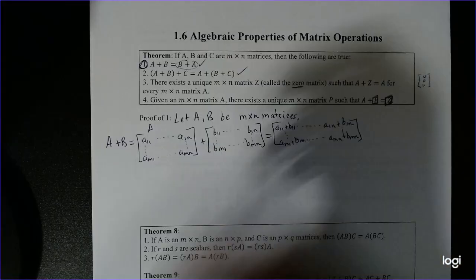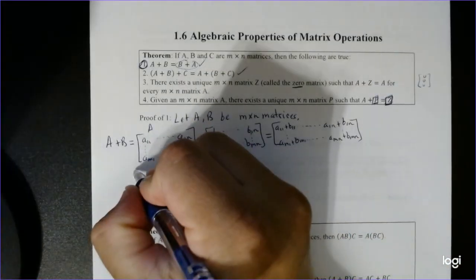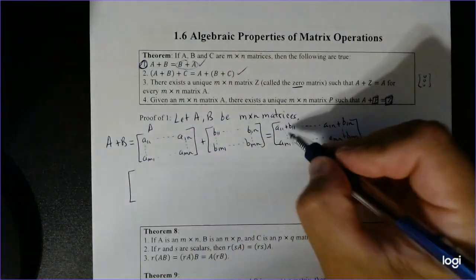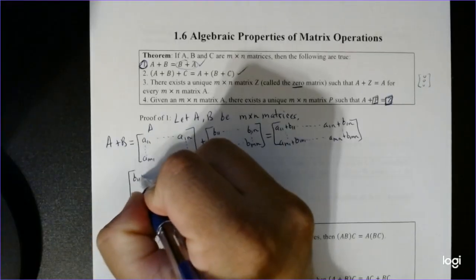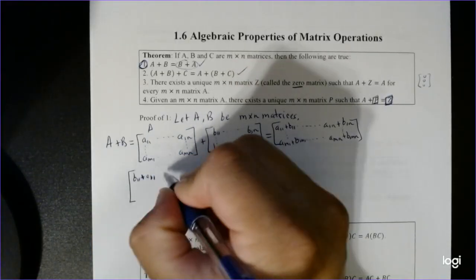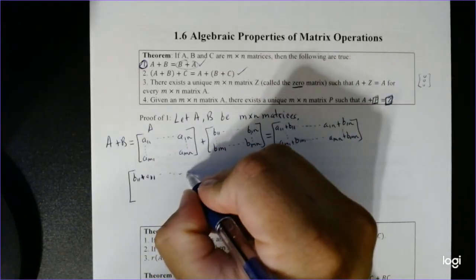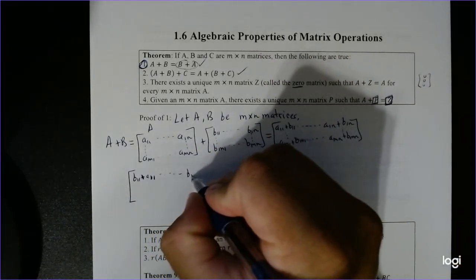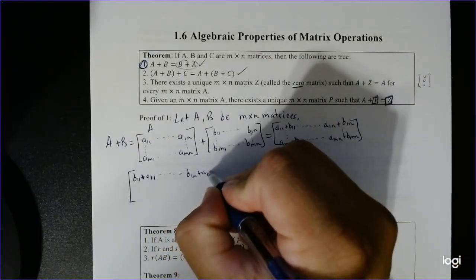So I'm going to start here and just rewrite it. And how I'm going to rewrite it is simply flip these around. Since addition is commutative, I can flip everything around as I want. So now the B's will be in the front and the A's in the back.